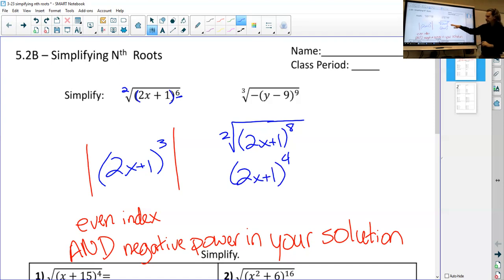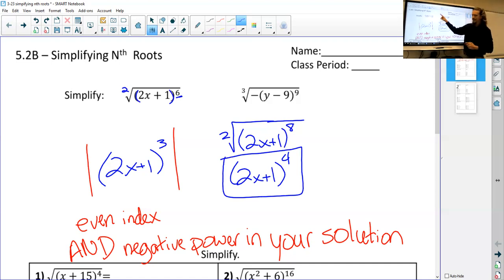So I have a positive solution here. So no matter what I put for x, this is always going to come out positive, which means it's okay. I don't really have to worry about absolute value. And then this is my whole solution. So the only time you need absolute value, even index, negative exponent at the end.